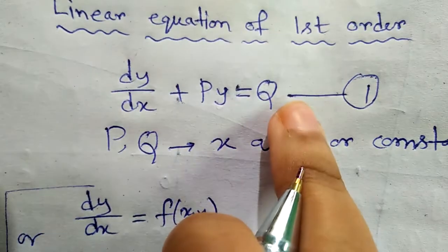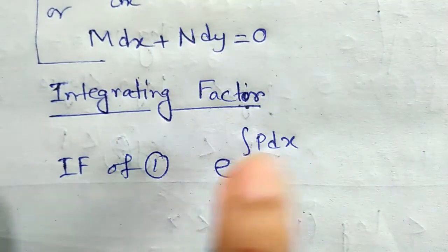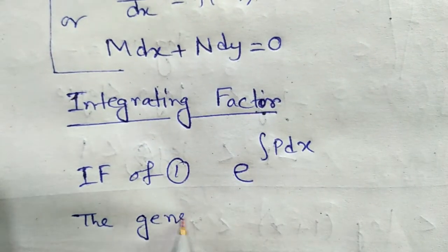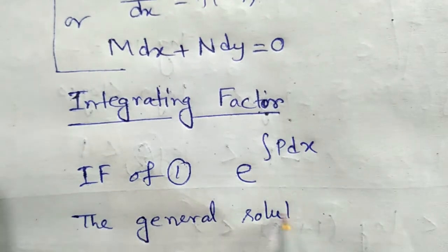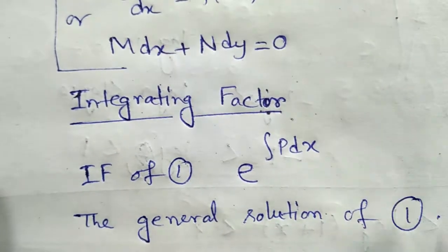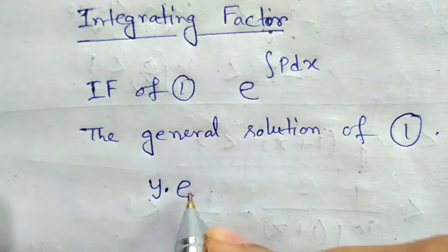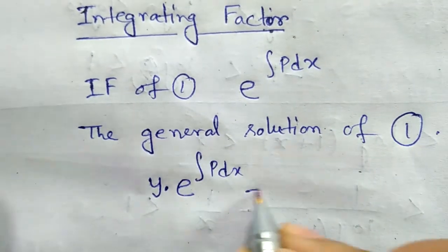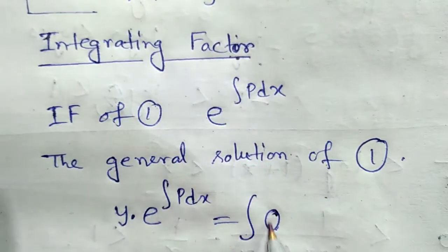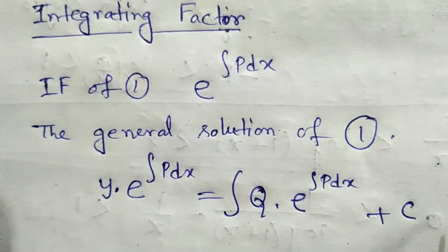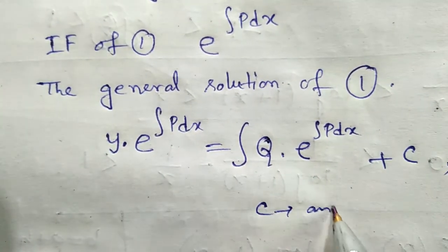If this is our given linear equation of first order, then the corresponding integrating factor will be e to the power integral P dx, and the general solution of 1 will be y times e to the power integral P dx equals integral of Q times e to the power integral P dx, plus c, where c is any arbitrary constant.